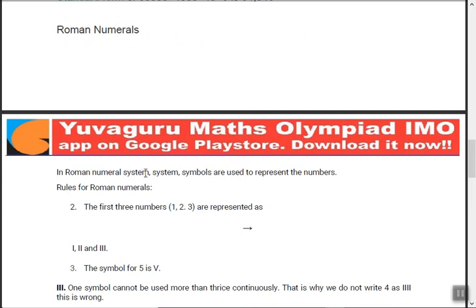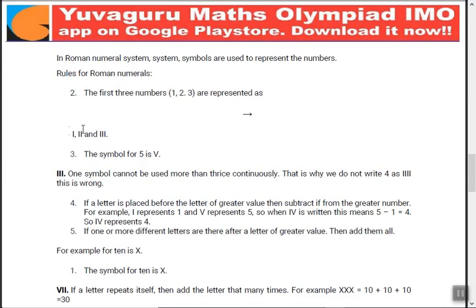Now let's see Roman numerals. In the Roman numeral system, symbols are used to represent the numbers. Now what are the rules? The first 3 numbers 1, 2, 3 are represented as 1 line, 2 lines, 3 lines. Then symbol 5 is given as V. Now if this is V, then what is 4?